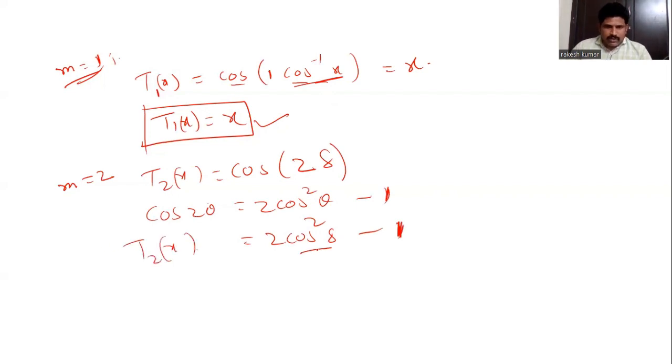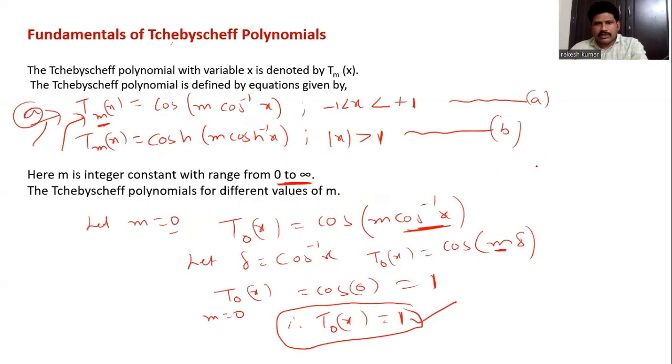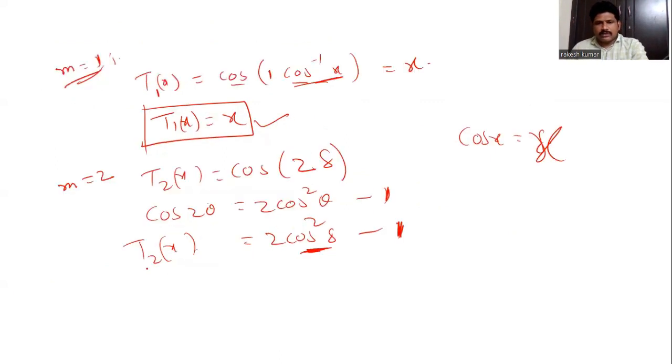Cos inverse of x we are calling it as delta. Why is it called delta? What is the assumption you have made? Let delta is equal to cos inverse of x. Then delta is equal to cos inverse of x means cos delta is equal to x.